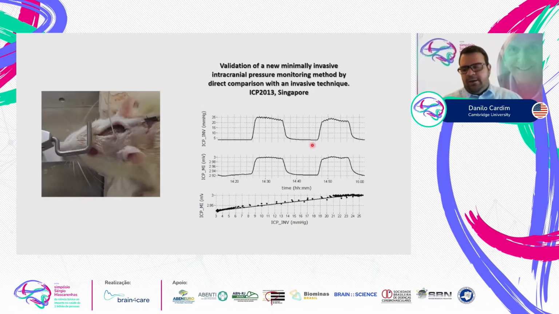But my work with Professor Mascarenhas started back when we were still doing experimental studies in animals. I was heavily involved during my master's degree in studies that compared primarily the minimally invasive intracranial pressure sensor, which back in the day was basically, as we can see here, a strain gauge, an extensometer sensor glued to the cranial bones.